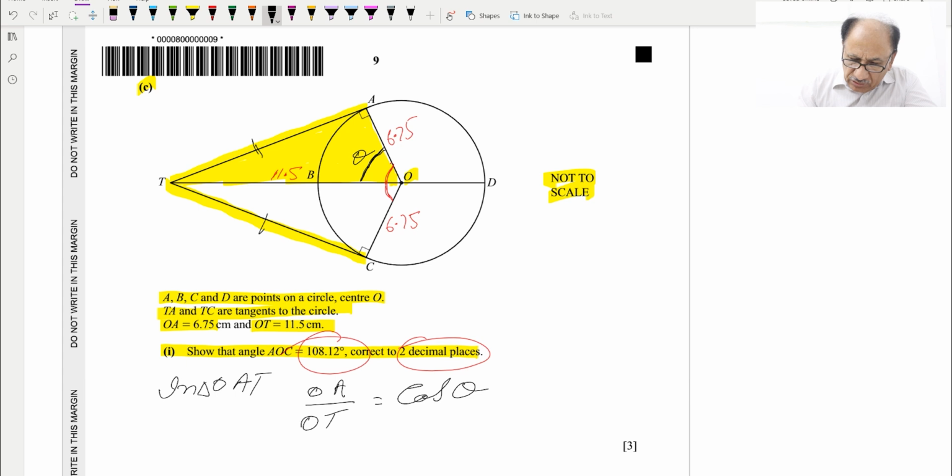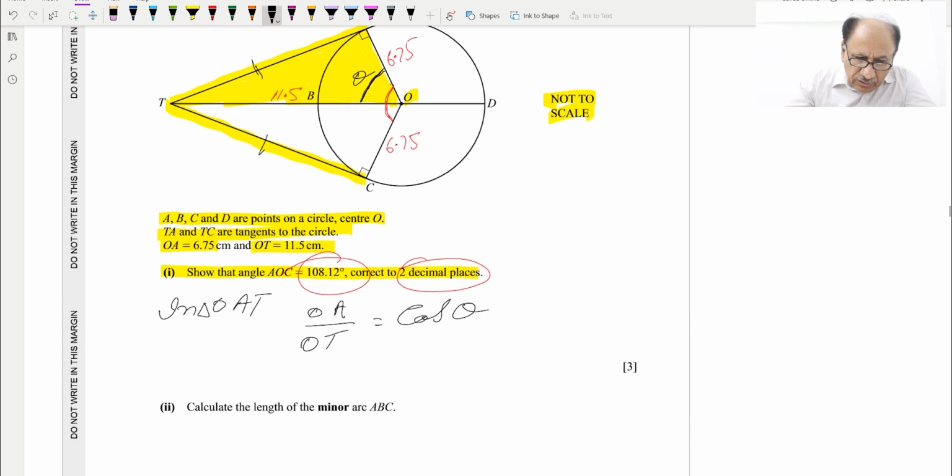So OA is 6.75, so 6.75 over OT, which is 11.5, is equal to cos theta.